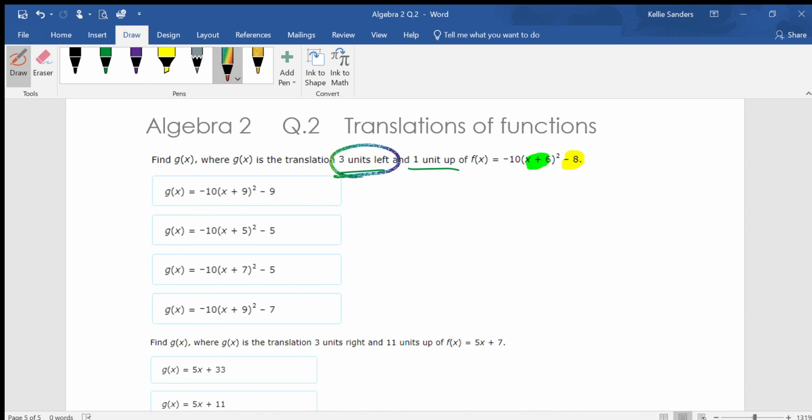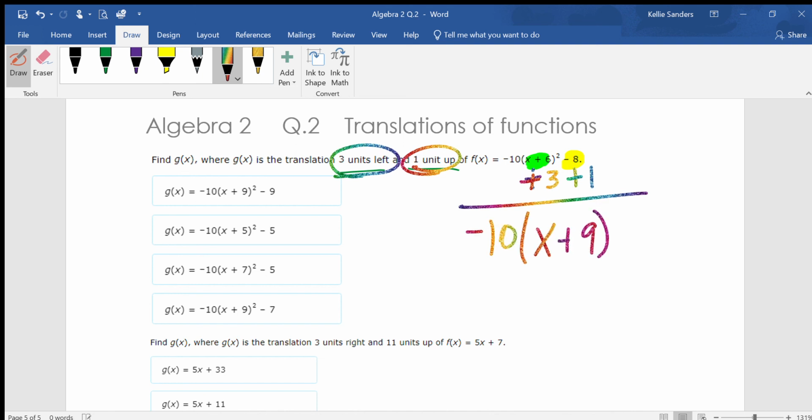That's on the inside. Usually you'd think minus 3 because left. So we're going to do plus 3 right here. Up 1. So plus 1 right here. So the negative 10 stays. The 6 is going to change to a 9. The square stays. And negative 8 plus 1 is negative 7.